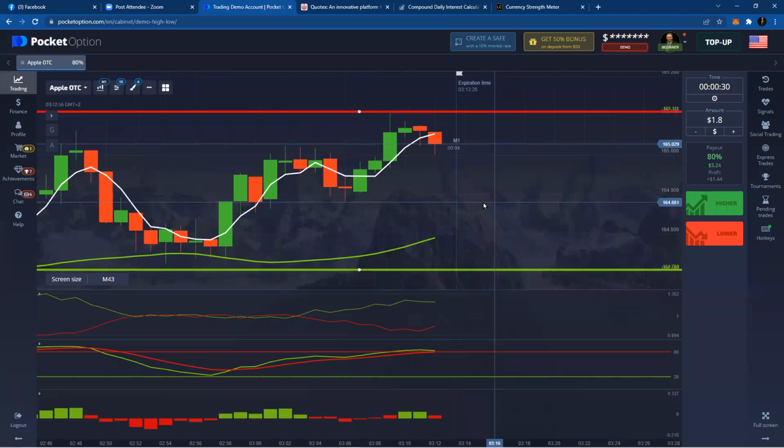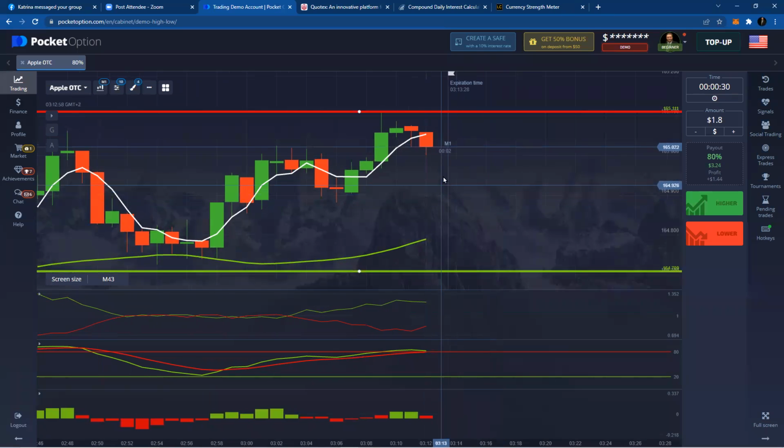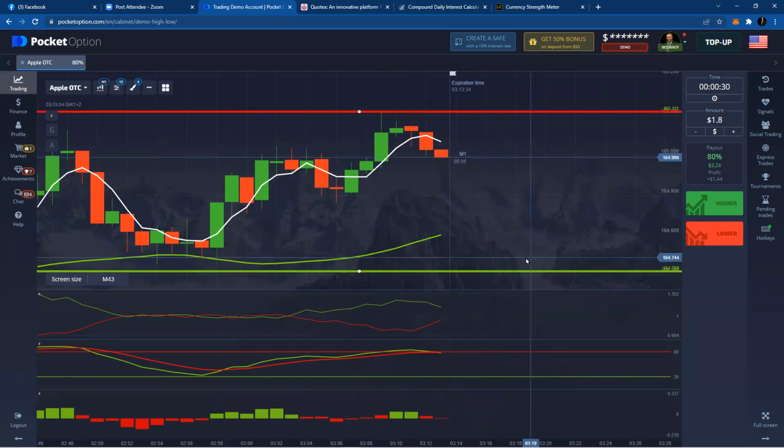So here's our channel, okay? Here's where we're going to take a look at the price going up, bouncing off, and coming back down, okay? So that's what we're looking to see in where price action is going to be.